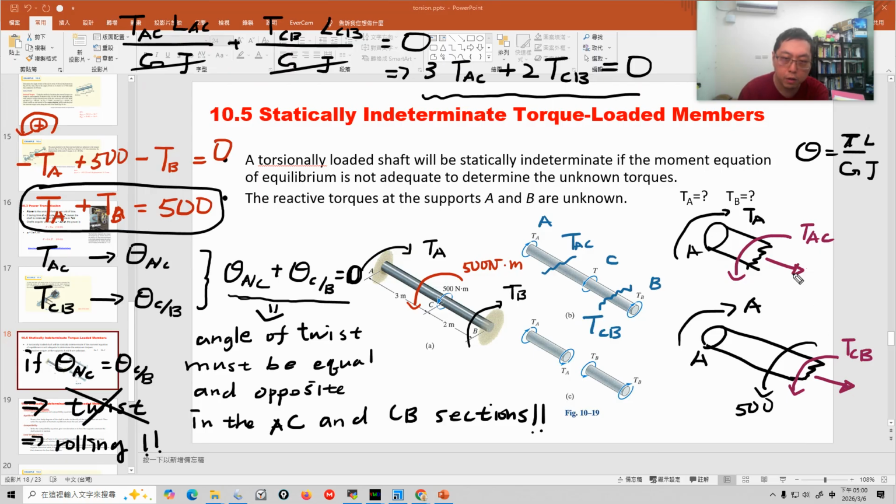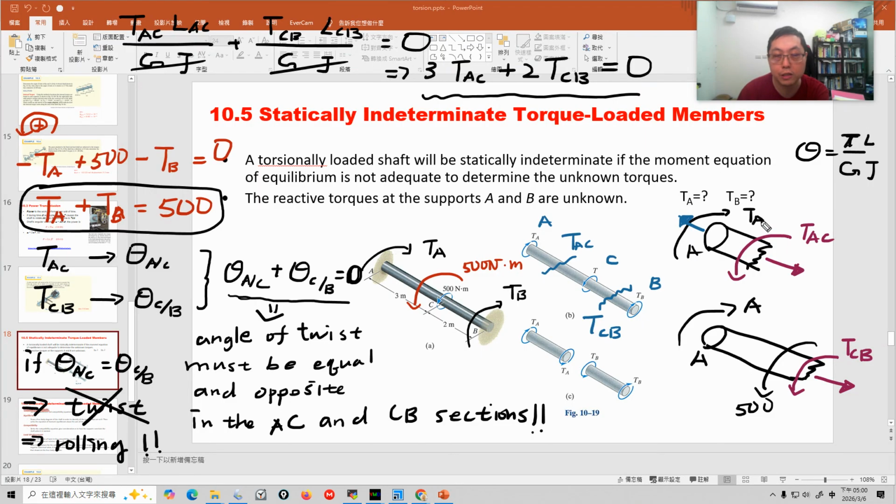Okay, and for each section we use rigid body equilibrium again. So let's do the rigid body equilibrium for these two sections. For section one, we have TA here. TA rotates in this direction, so where is the thumb direction? Using the right-hand rule, your thumb direction is in this way.